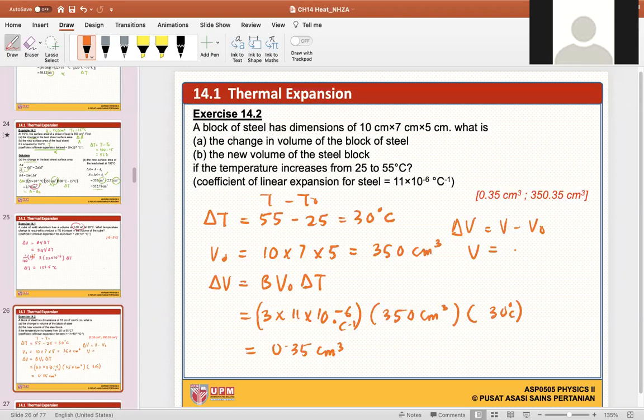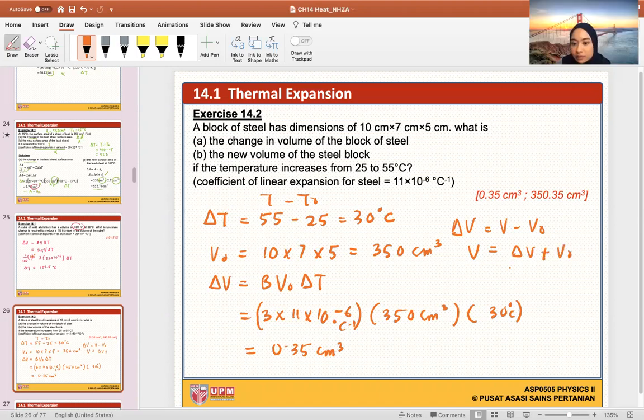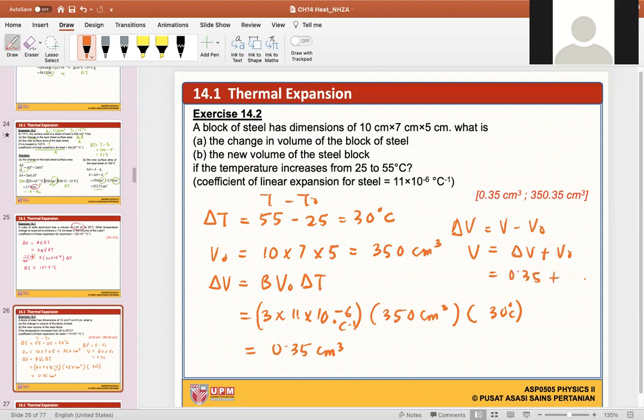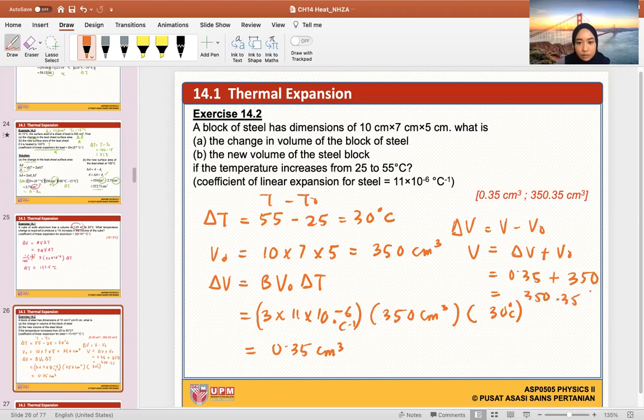Kita nak V. So V tu sama dengan delta V tambah dengan V0. So delta V dia 0.35 tambah dengan V0 dia 350. So final dia 350.35. What is the unit? Centimeter cube. Okay. Alright. Thank you, Shakira.